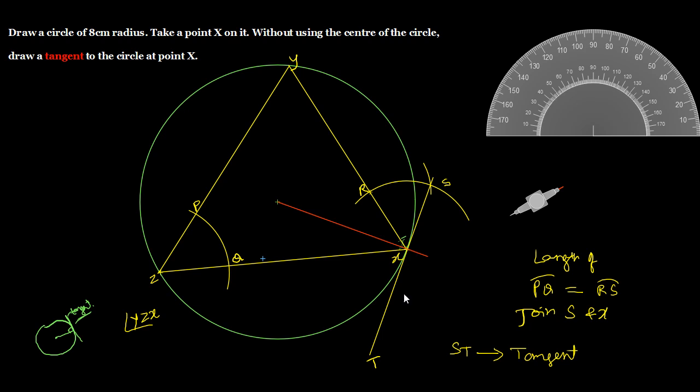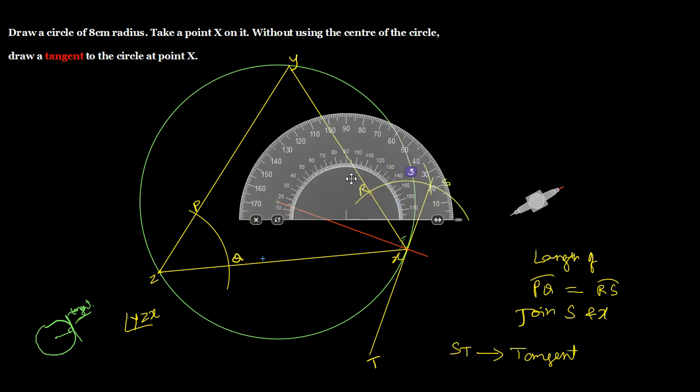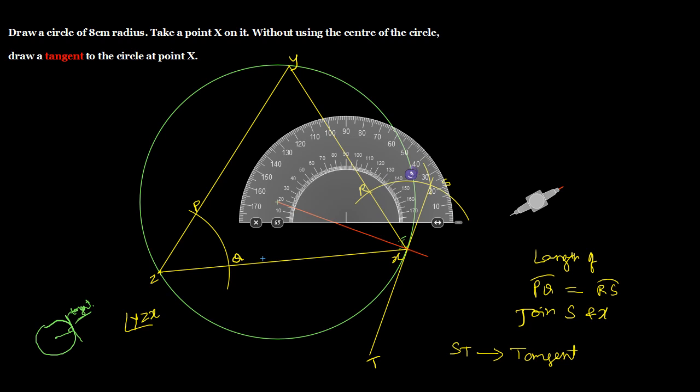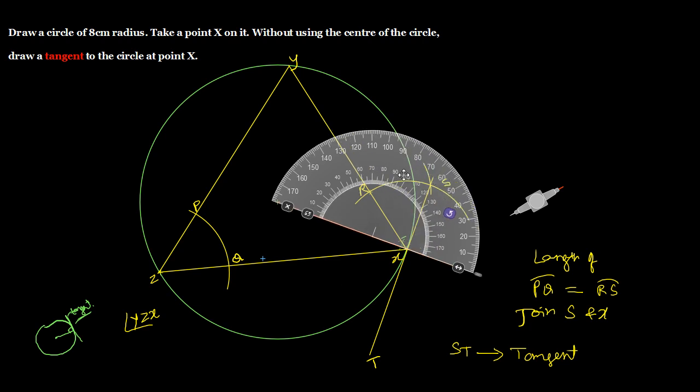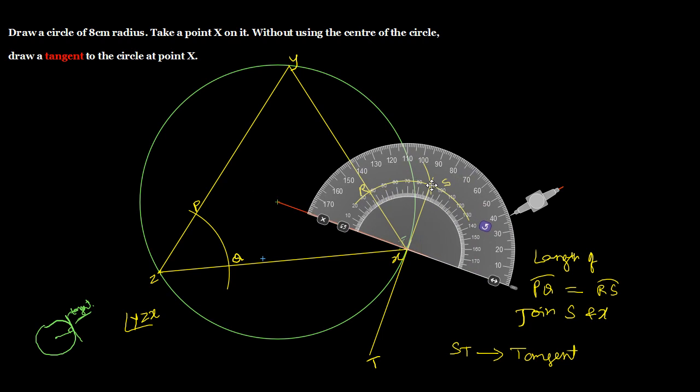Now we'll bring the protractor and align it on that line. I think I've aligned it well. So we'll try to move it because this is where we are trying to find out.